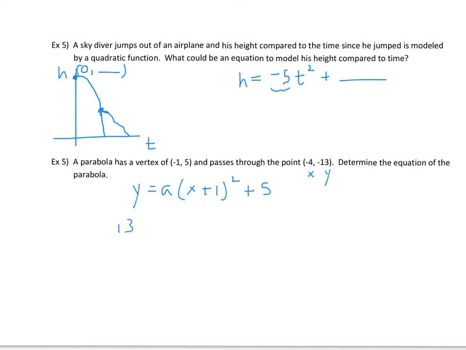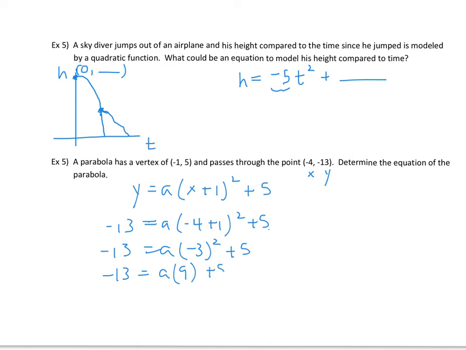So we're going to have -13 being equal to a, and we put that in here. And then we get negative 3 all squared, and then a plus 5 on the end. So then we would have negative 13 is equal to a times 9 plus 5. We're going to subtract 5 from both sides to undo the 5.